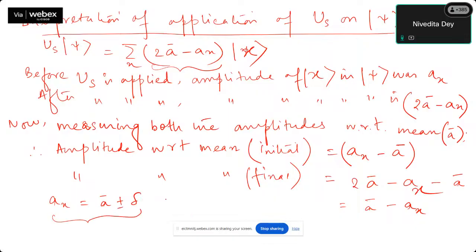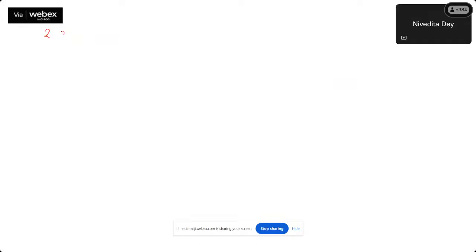Now ax is nothing but A bar plus or minus delta. Delta is a very small change. So 2A bar minus ax, writing ax as A bar plus or minus delta, is 2A bar minus A bar plus or minus delta.